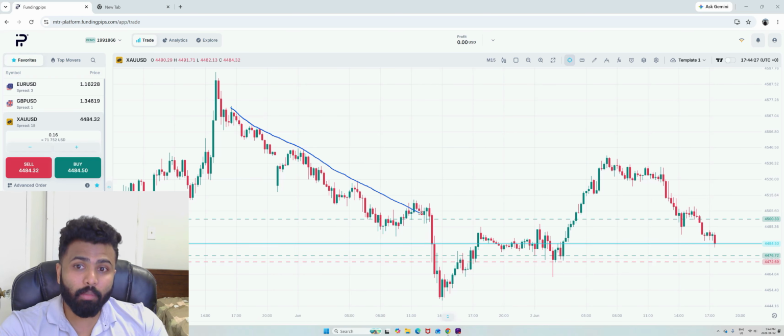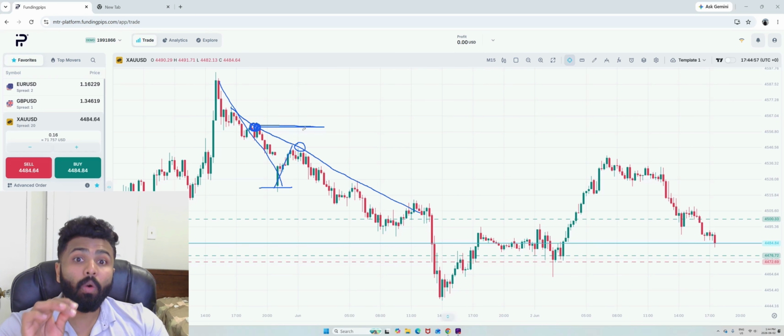Every time it comes down, it is creating a seller zone, another seller zone. So it came this way. Then from here, a pullback happened, but it did not break the first lower high. If it had broken this lower high, then it would be considered a trend reversal or a pullback.